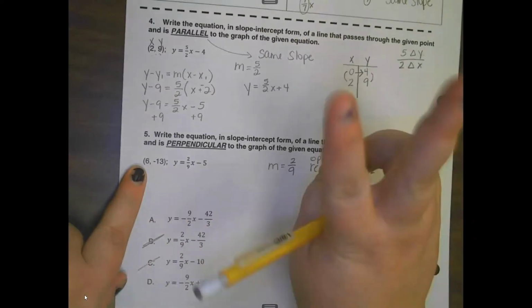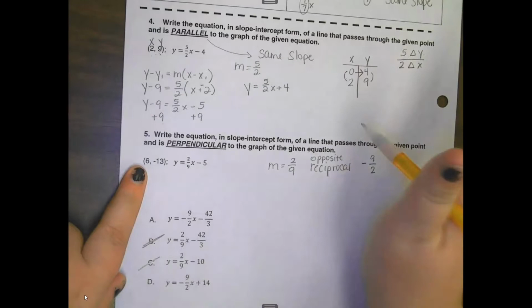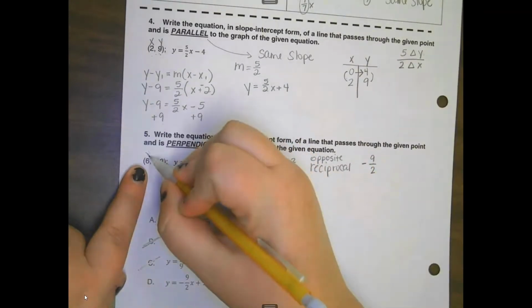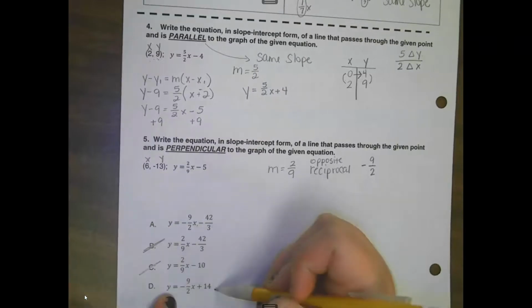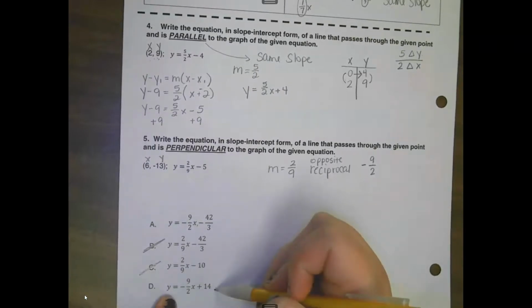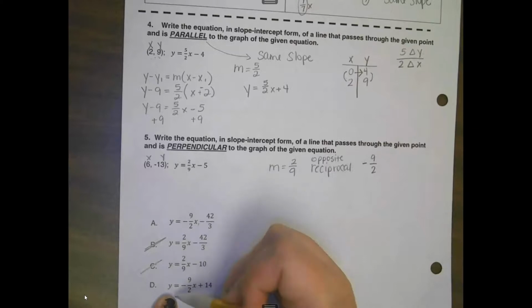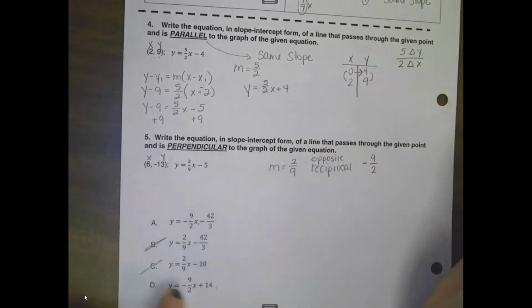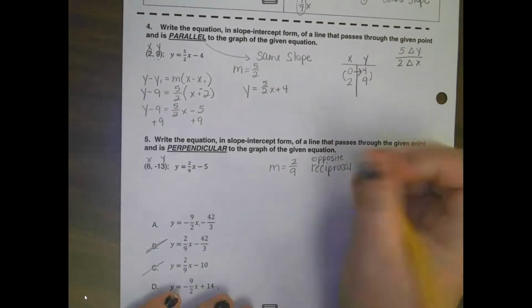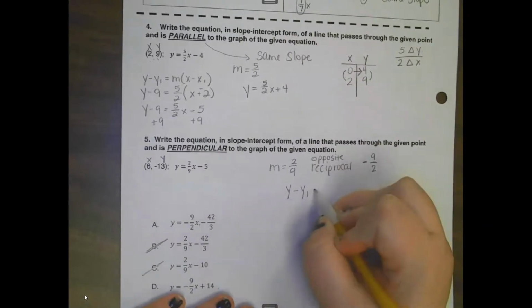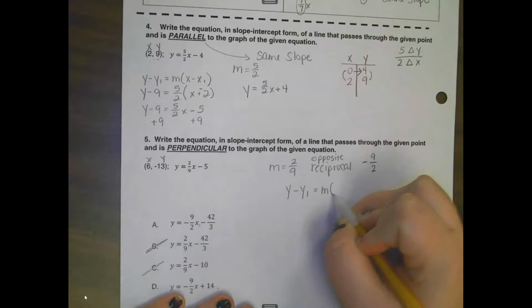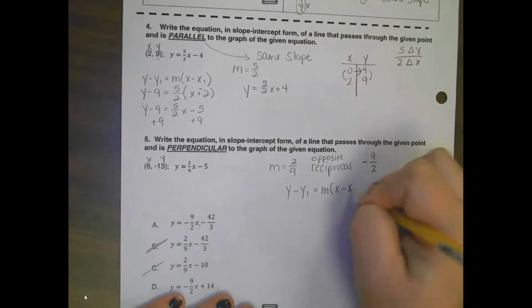So there's multiple ways we can do this. We could plug this x and this y into this equation and see if it's true, and plug it into this equation and see if it's true. Or if we were on our calculators, plug it in and see if it'll give us true. Or we can do our y minus y1 equals m times x minus x1.